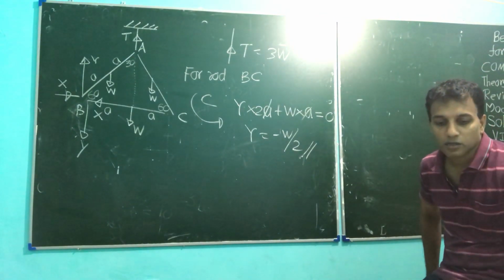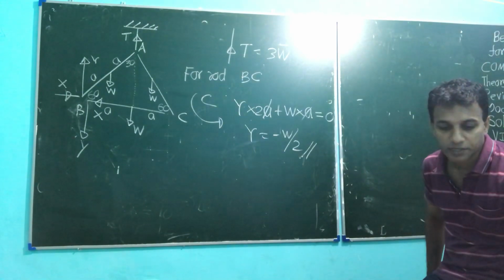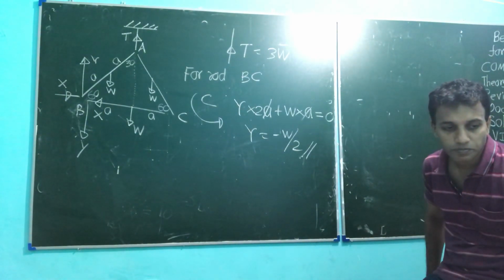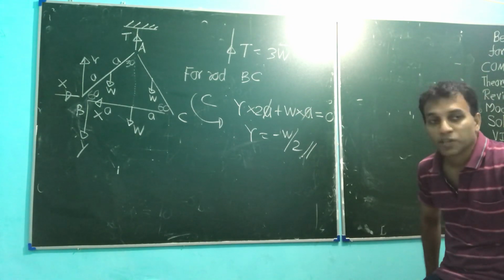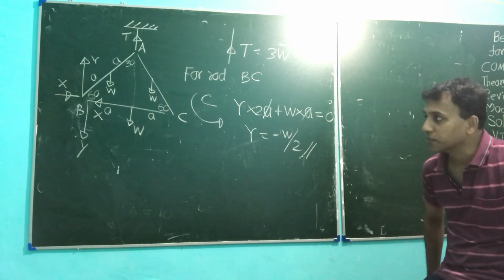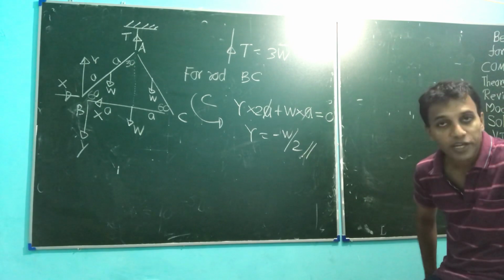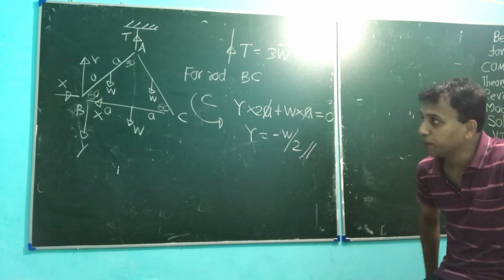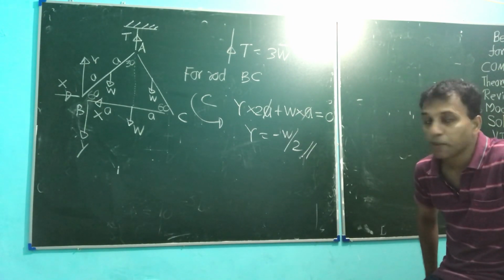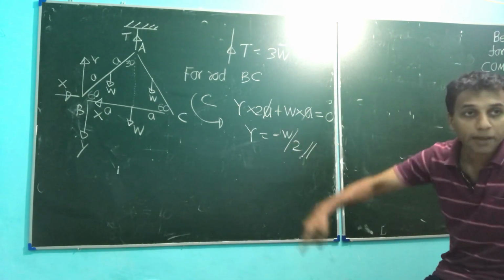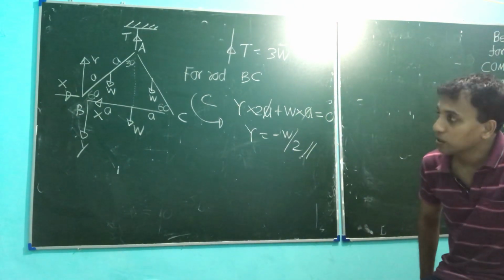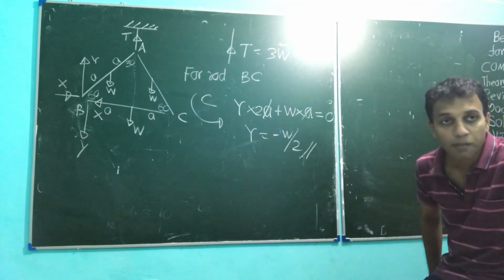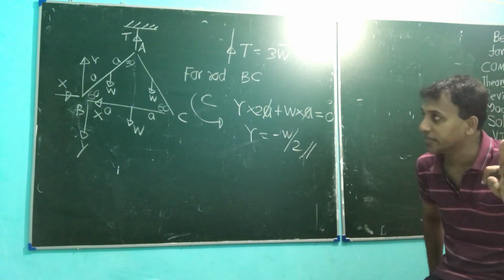Take a method to find the x answer. But think of simple methods. For rod AB, take moments about A. For rod AB, take moments about A. Then x there, y there, W there.